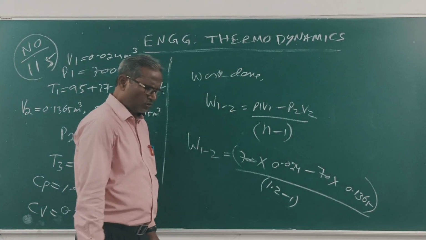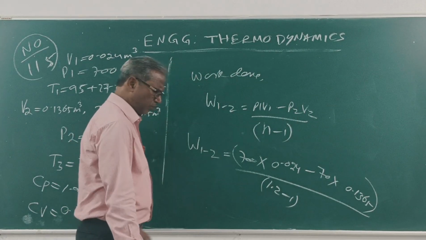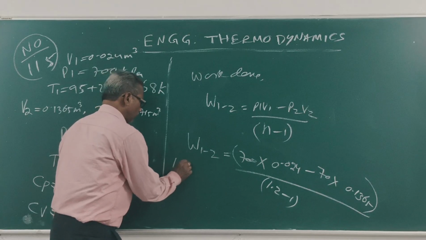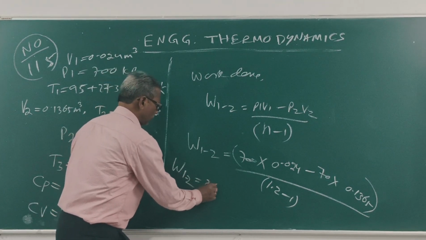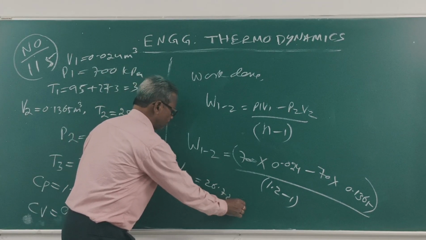Clear? Use calculator, find value 26.72. So W12 is equal to 26.72 kilojoule.